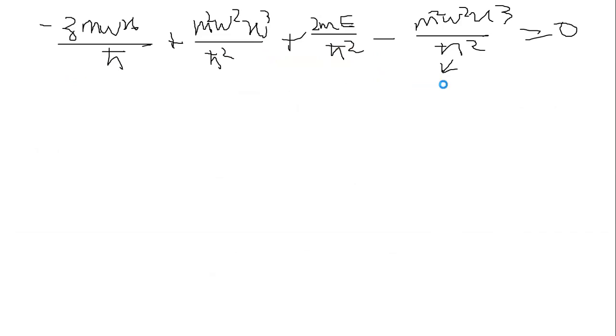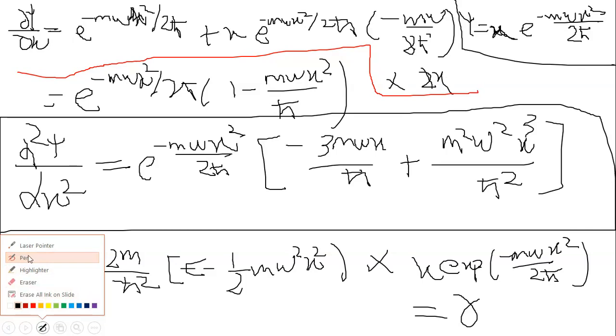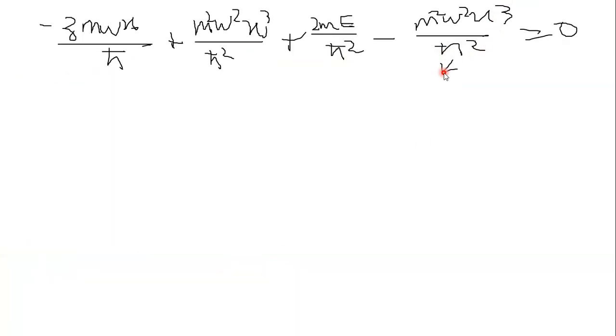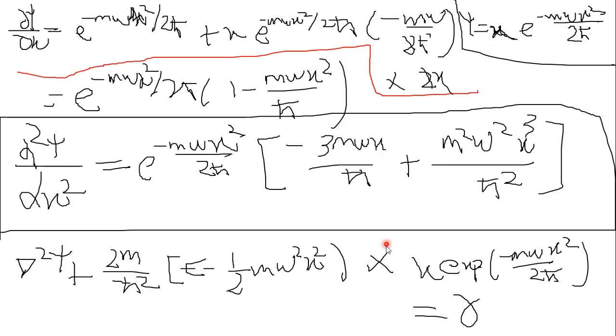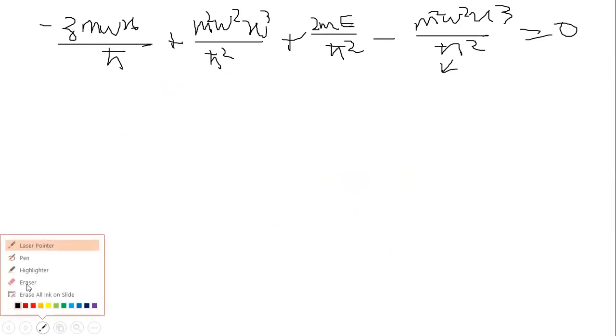This negative term comes from this, the E term is this one, and the remaining two terms come from this. So when we cancel the exponential term, we take it common and divide by 0, then we will get 0 on the right hand side also.